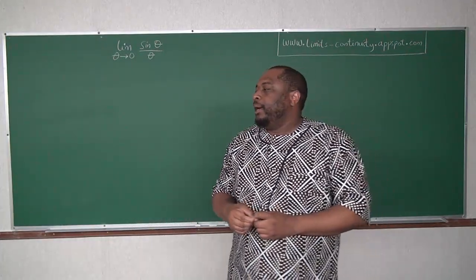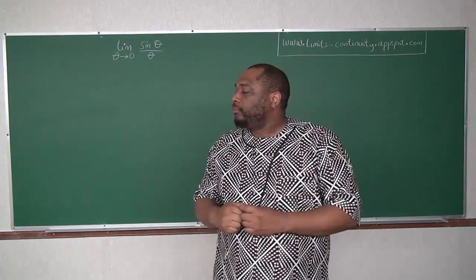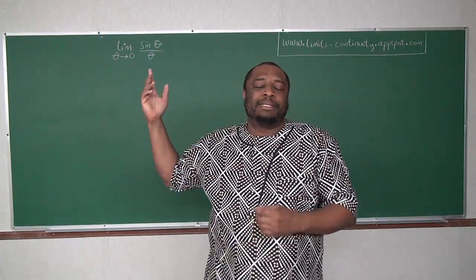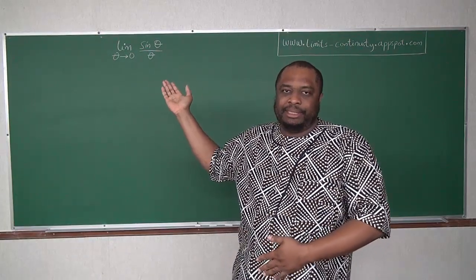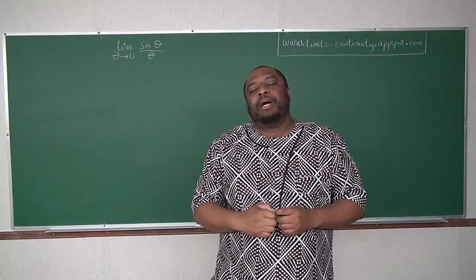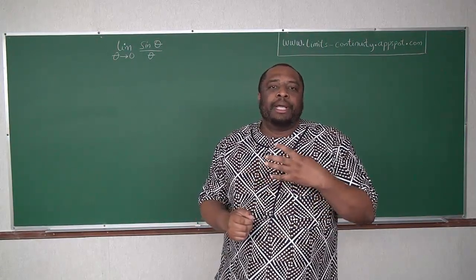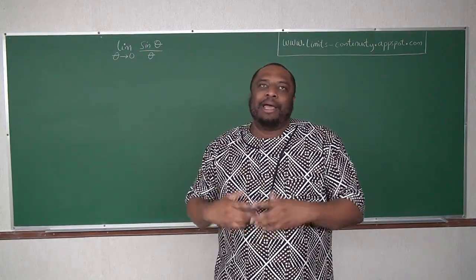If you do it in your calculator, it gives you an error. But this has a value. This is determinate. It has an answer. So we are going to do it two ways: numerically and algebraically.